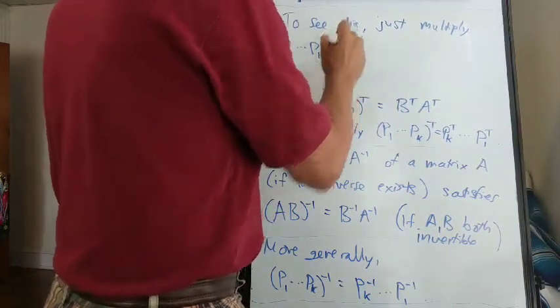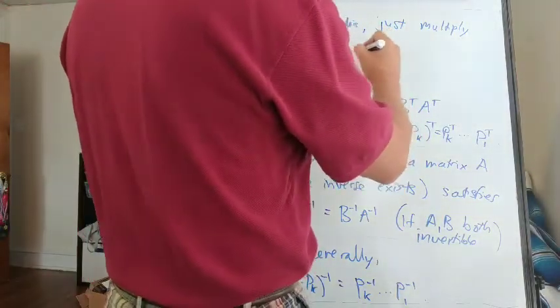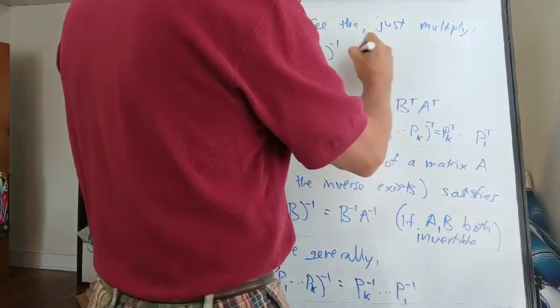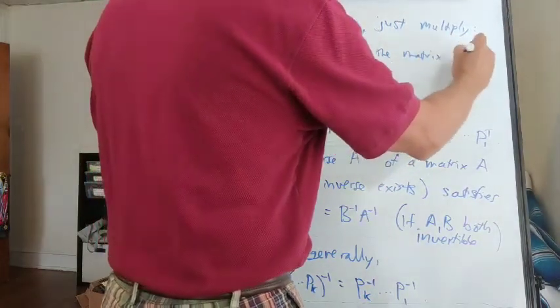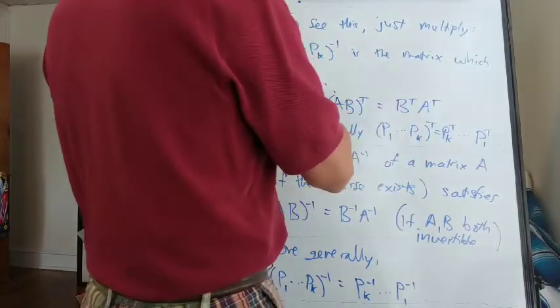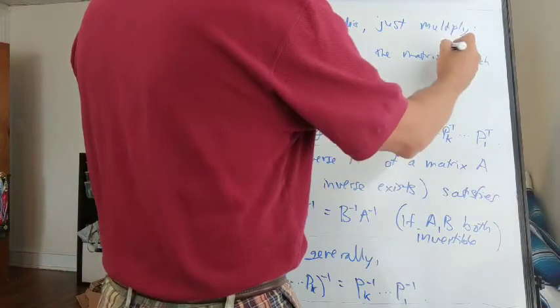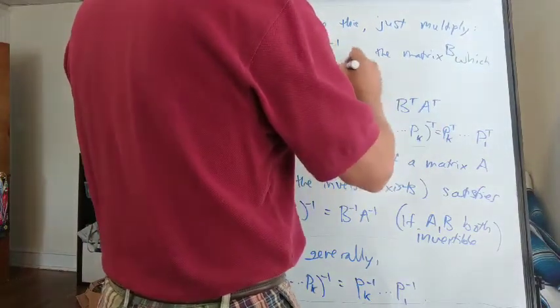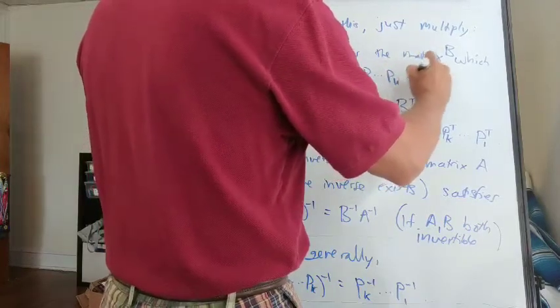So the inverse of the product P1 through Pk is the matrix, let's say B, which satisfies B times P1 through Pk equals the identity.